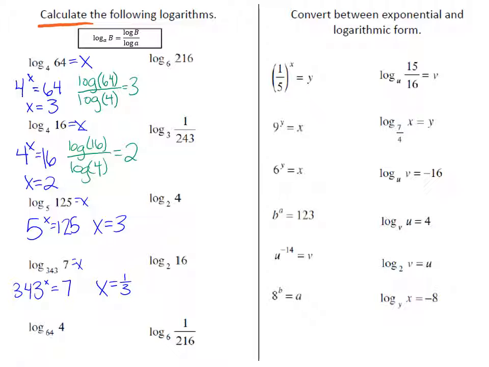Another reason why: if I had 343 to the 1/3 and converted it to radical form, that would be the cube root of 343. So that 1/3, E over I, remember that, is how I get to that value. Anytime you go big to small, you should have a fraction.